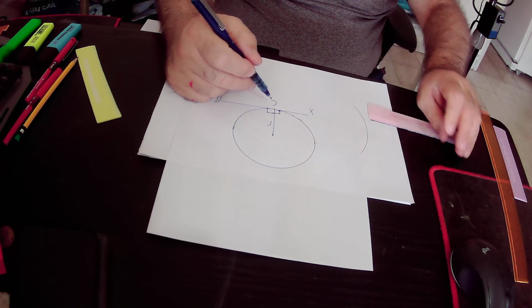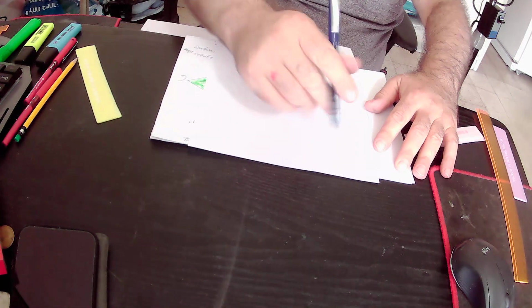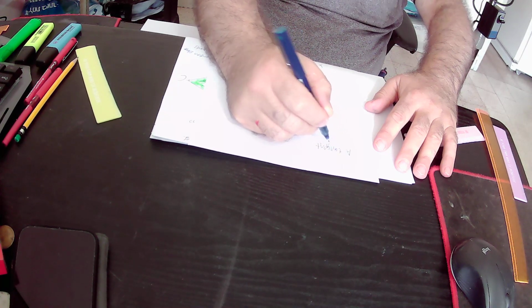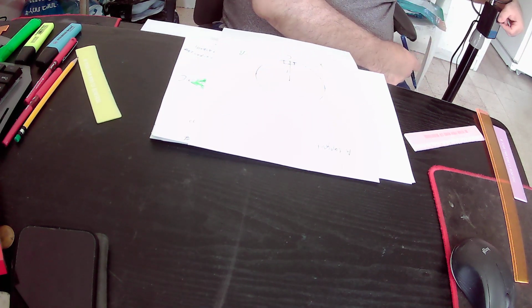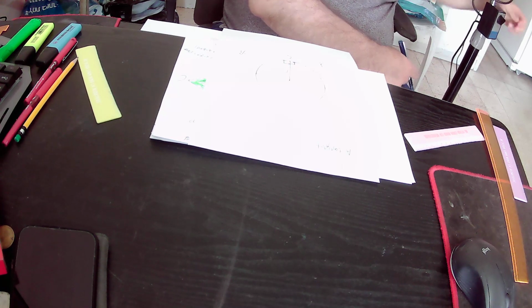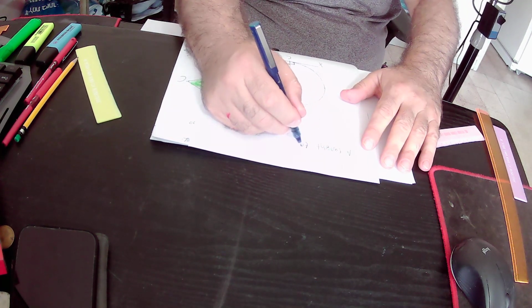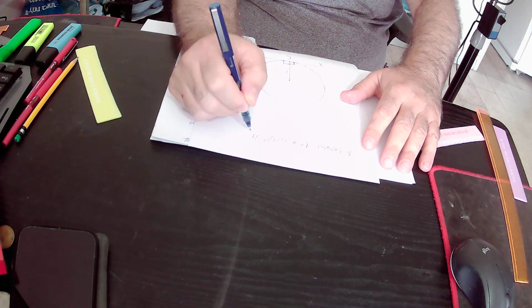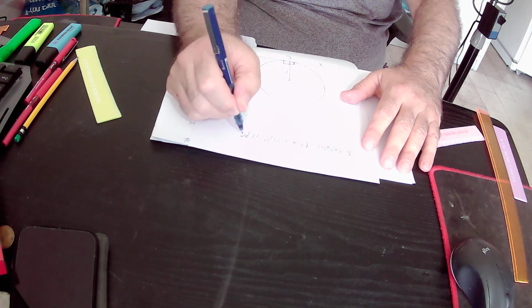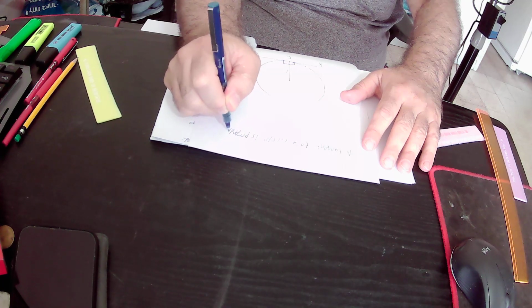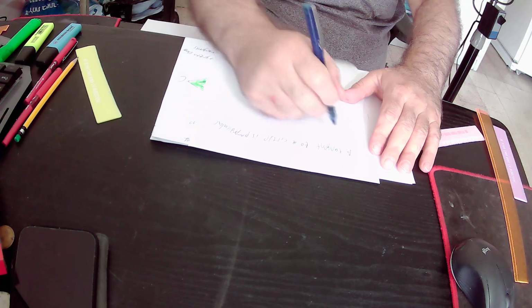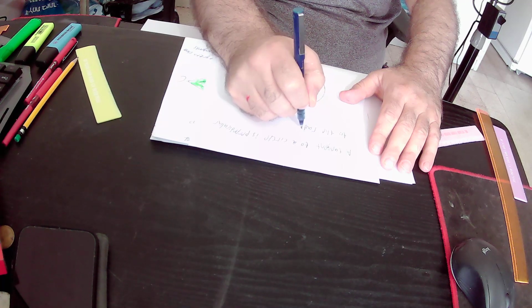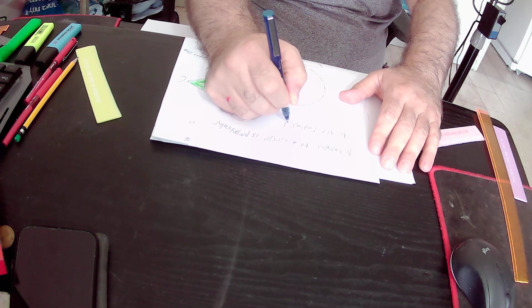Again, the rule states that a tangent to a circle is perpendicular to the radius drawn to its tangency.